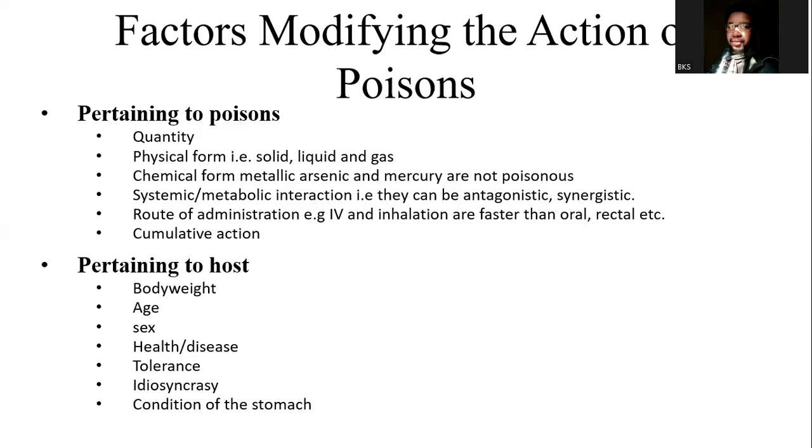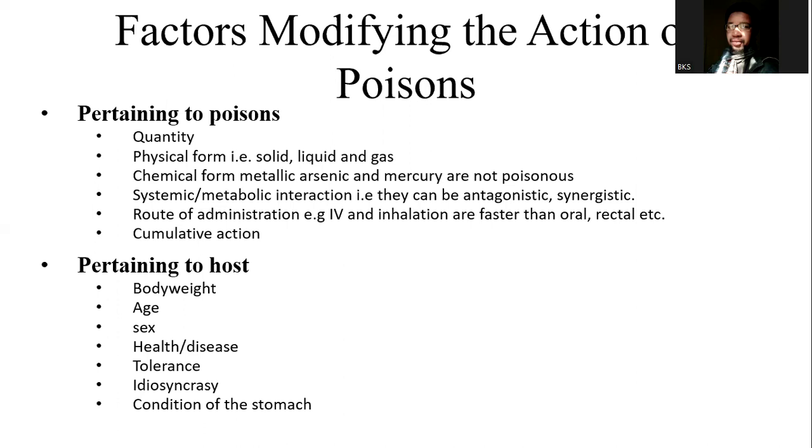Then we have the chemical form. We talked about metallic arsenic and metallic mercury being less or not poisonous, while some non-metallic arsenic, like arsenic oxide, arsenic 3, can be very, very toxic. Metallic mercury may not be poisonous because it may not be easily absorbed into the body and reach different parts of the body.